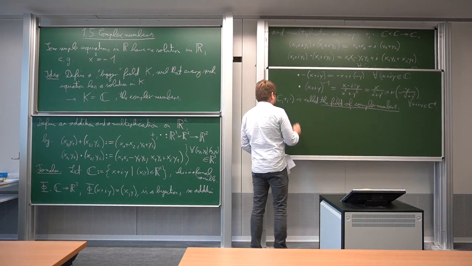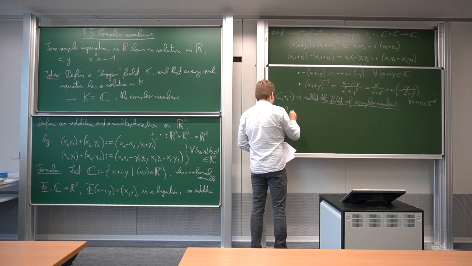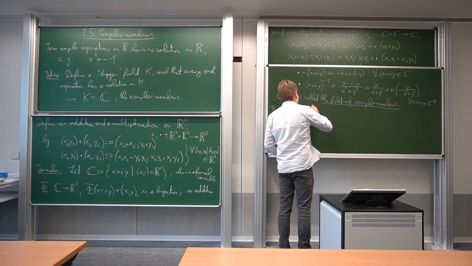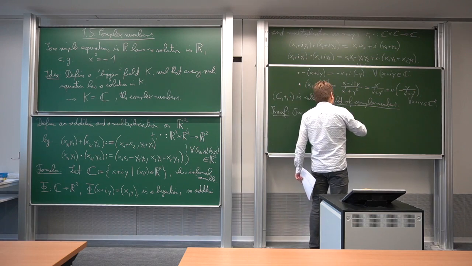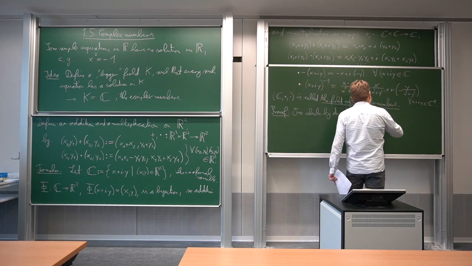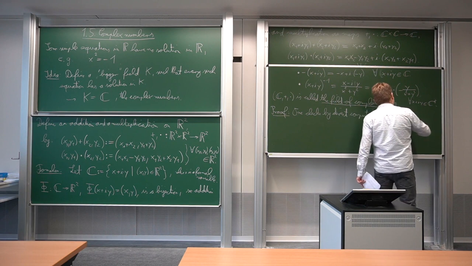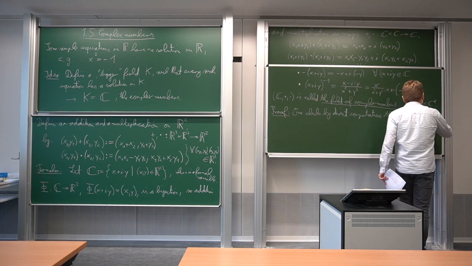So the proof, as I said, I will not give the computational details of everything, because it is much better for you to check this yourself. One checks by direct computations that all the field axioms are satisfied, so that C satisfies the field axioms.